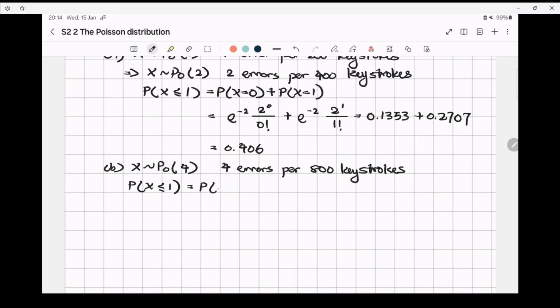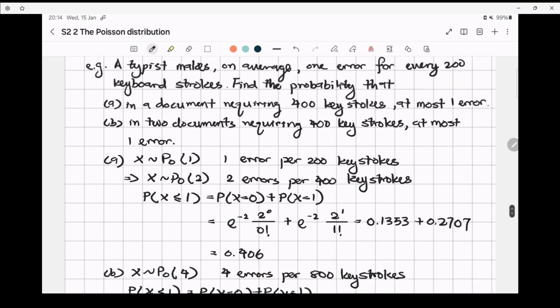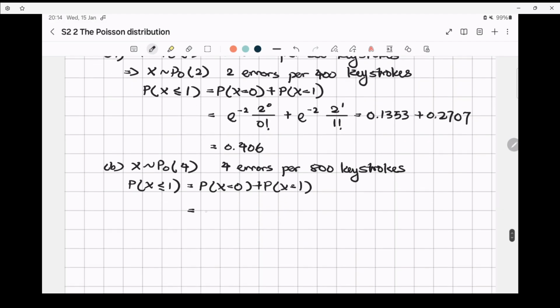So this will be P(X=0) plus P(X=1), and this is e to the power of minus 4, 4 to the power 0 divided by 0 factorial, plus 4 divided by 1 factorial.